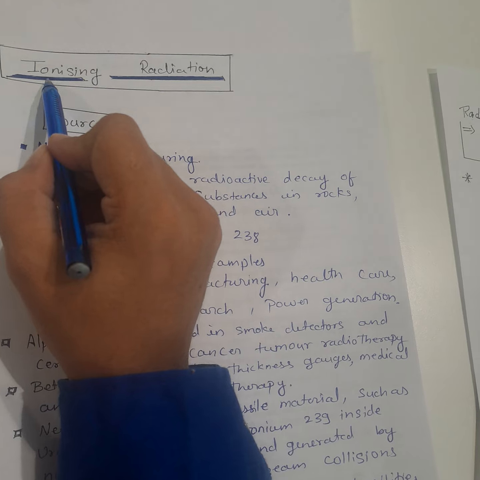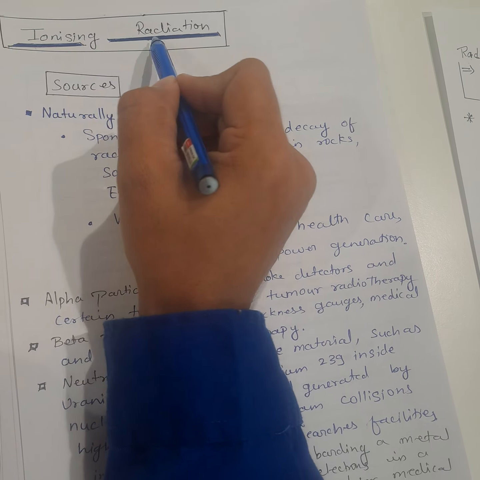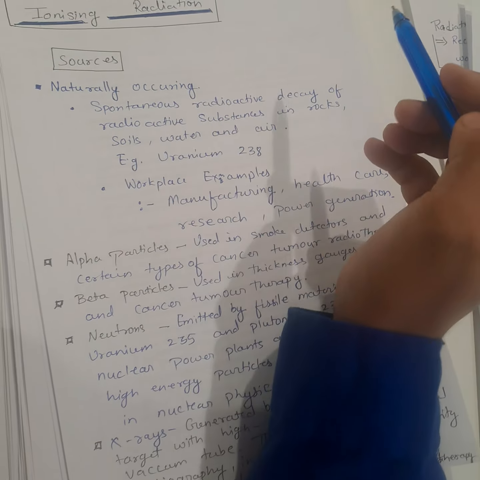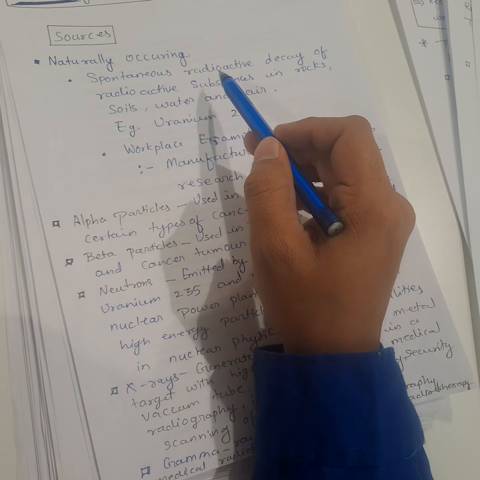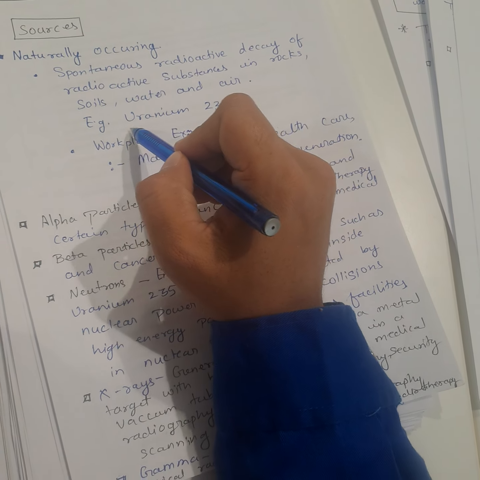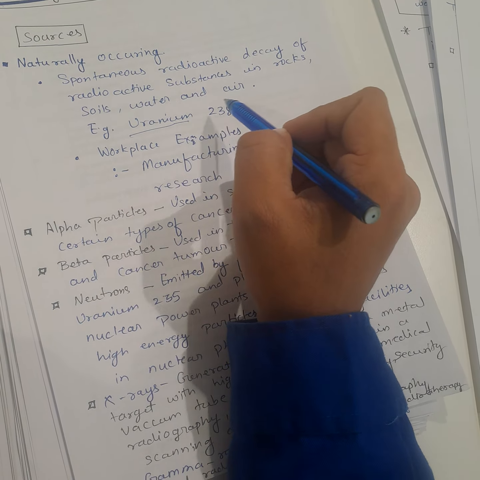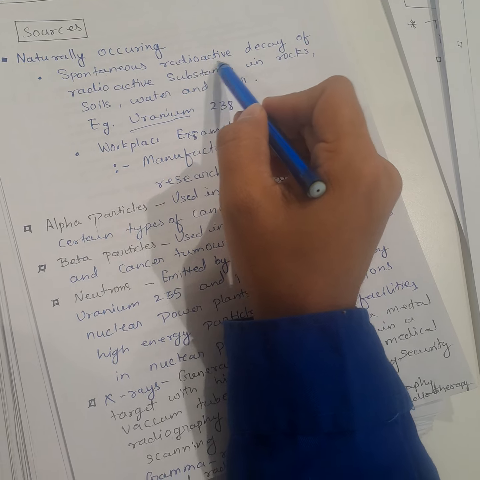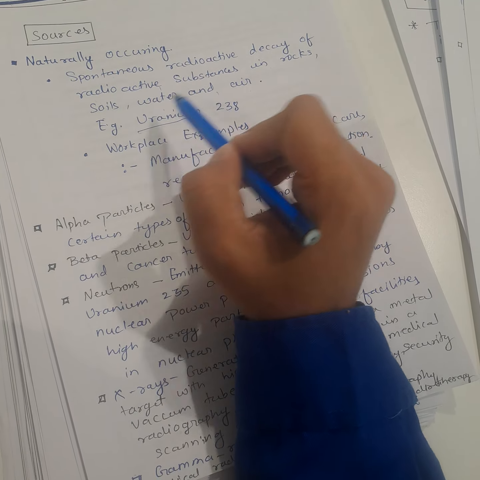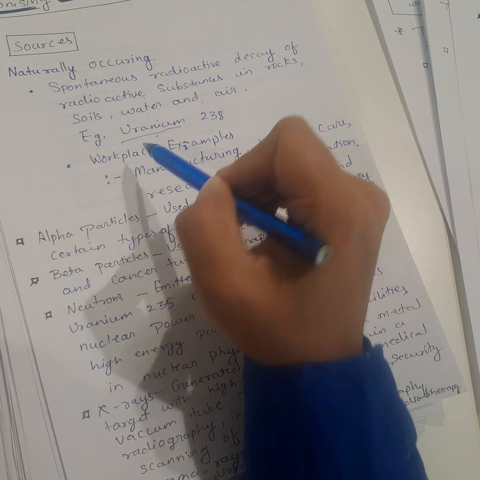And radiations, what are the sources? Naturally occurring, means uranium, that occurs naturally from the earth. This is natural uranium, from spontaneous radioactive decay of radioactive substances in rocks, soils, water and air. For example, uranium.